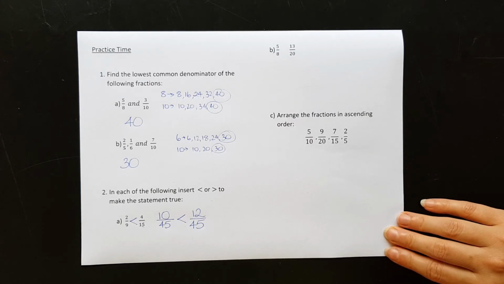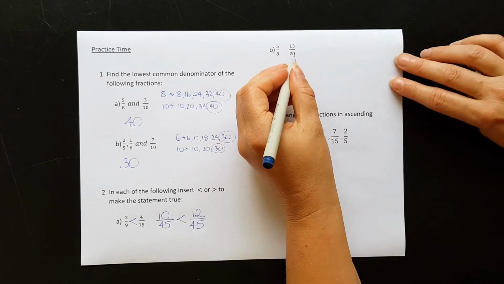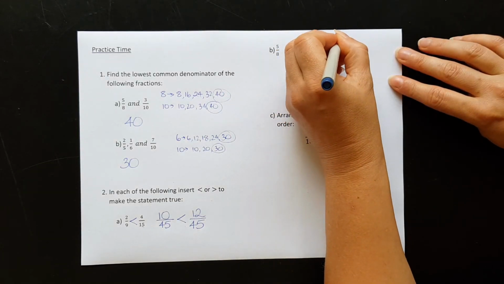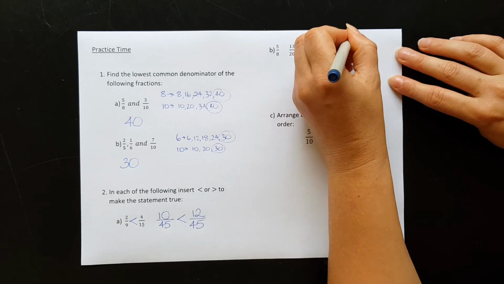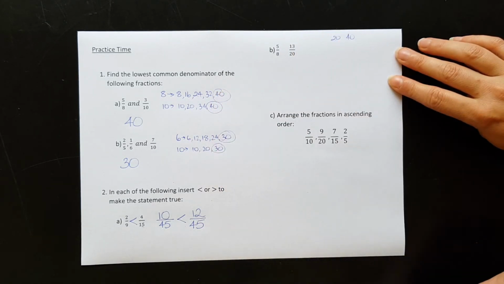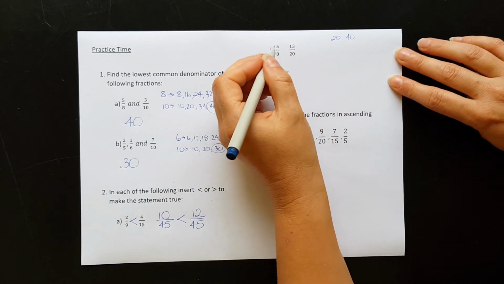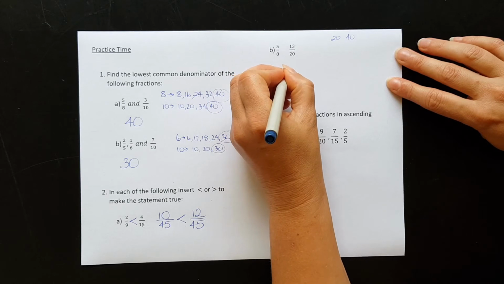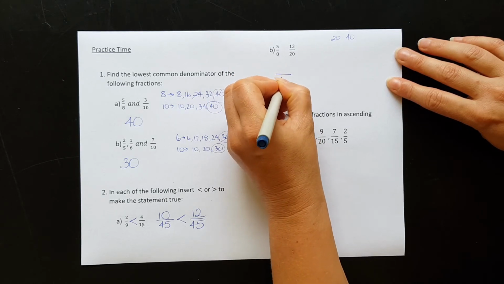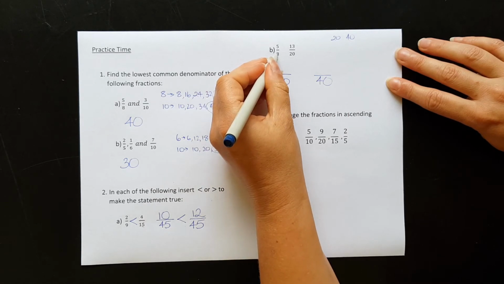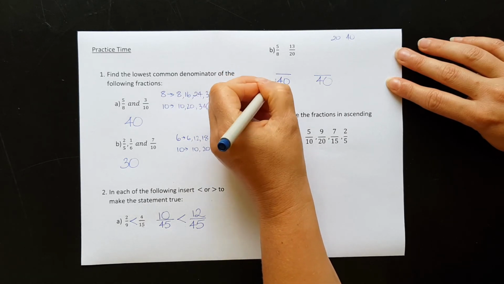For B, we have an 8 and a 20. So let's think about our multiples of 20 and see if it works for 8. So 20 is not going to work. 40 does. 40 is in the 8 times table. So let's make our common denominator 40. Okay, 8 times 5 will give me 40.